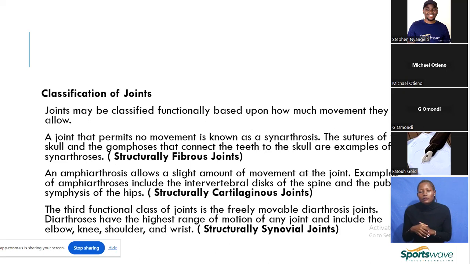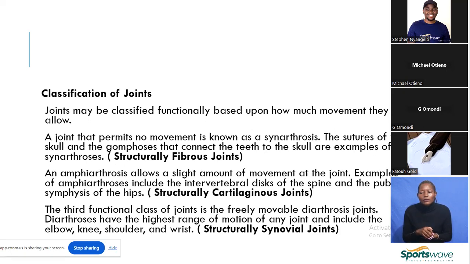This is the type of joint that allows no movement at all. So we are talking about the joints in the skull. The brain is protected by about 8 cranial bones, and the joints they form do not allow any movement at all because it is purely for protection. There are not many fibrous joints in the body, but they are there.